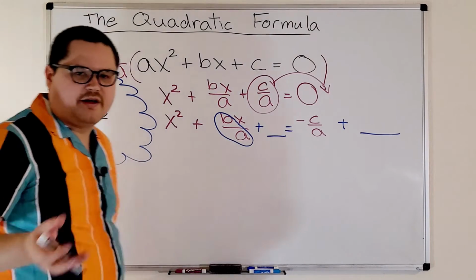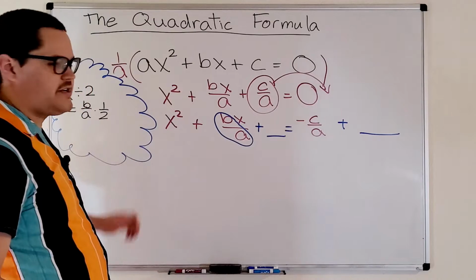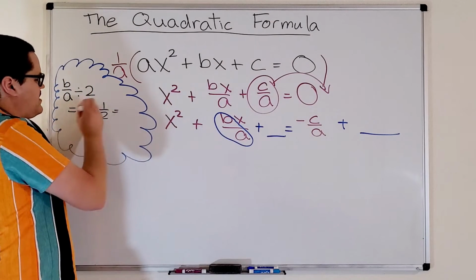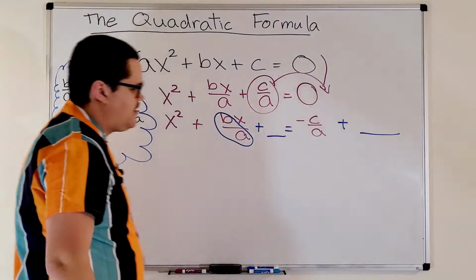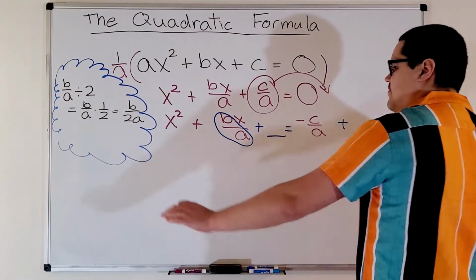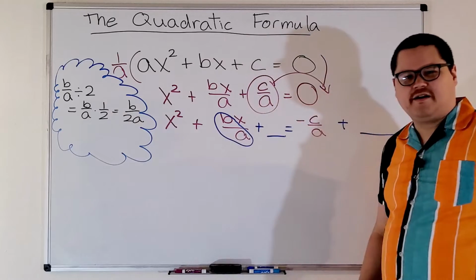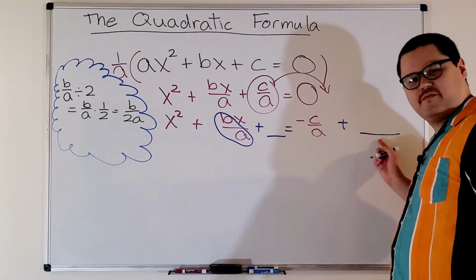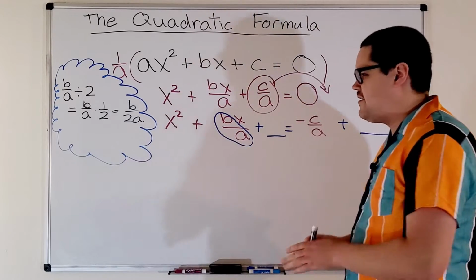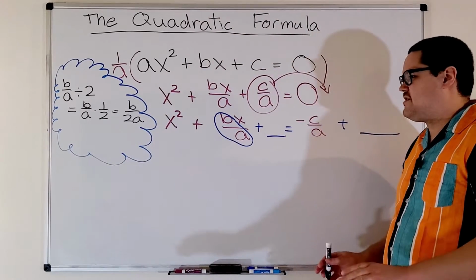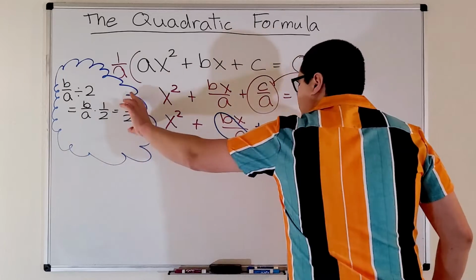And we can multiply across, because these are two fractions. So b times 1 is b, and a times 2 is 2a. So we get b over 2a. Now, is this what we put in the blank on both sides? Not quite. So with completing the square, there's one more step in this thought bubble. We have to square this guy.